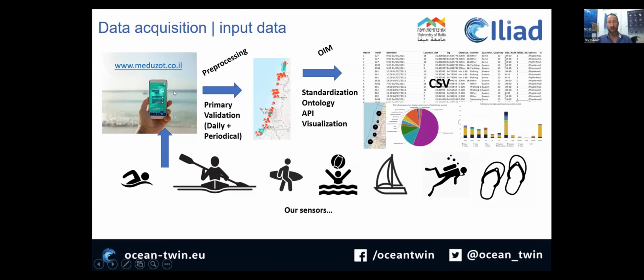So the data goes into a web app called Medusot, and then we pre-process the data. We validate it once daily and once periodically to create a jellyfish map. The data also undergoes standardization through the terms in the ontology that we have developed into an OGC API, SensorThings, and finally into the visualization stage.